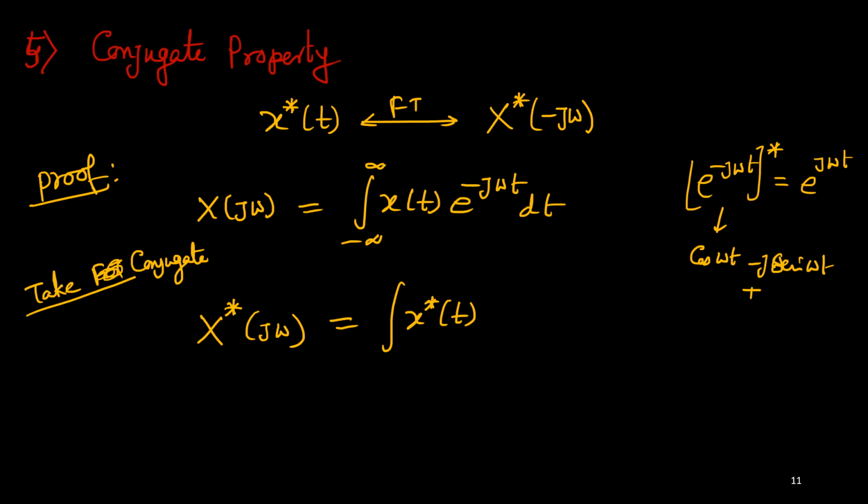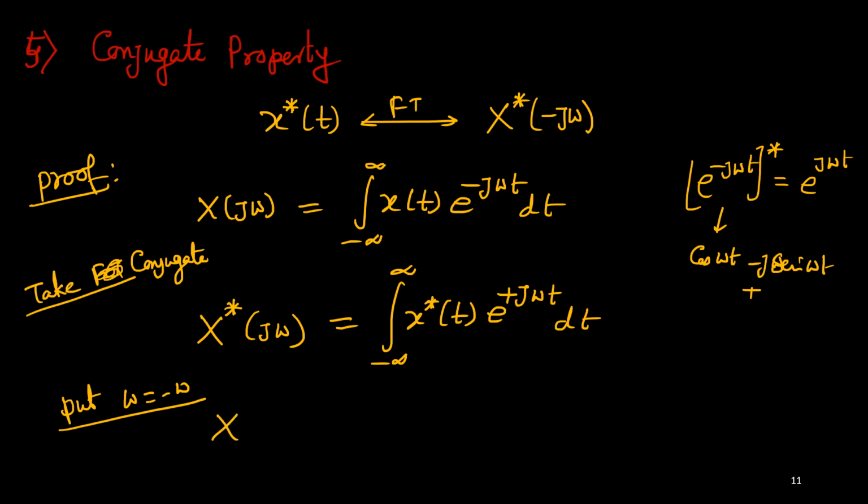Okay, so the conjugate of this one is e to the power plus j omega t, and dt is real, so dt remains the same and the limit will remain the same. Now you can replace omega by minus omega on both sides, that we can do.